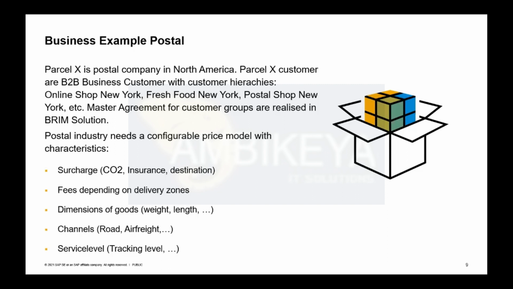But I think we are all familiar in some way with postal industries because we order a lot of goods via postal. So, okay, that was my first example for a BRIM industry.